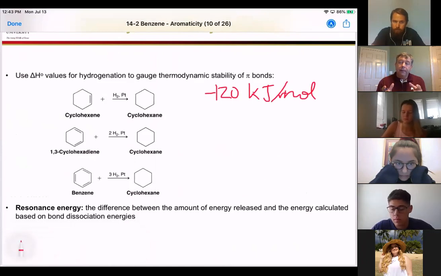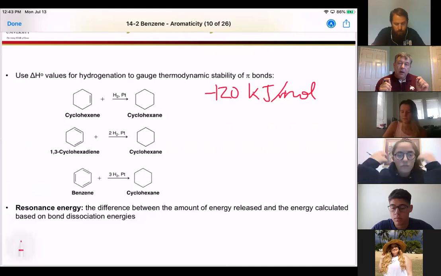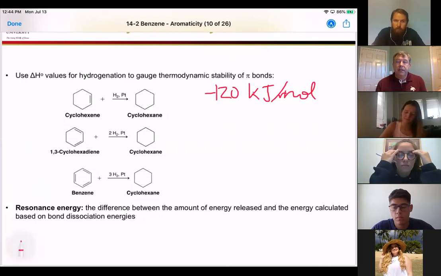So in theory, if you had two alkenes on the same structure, it should give off twice as much energy, because each of those alkenes would be isolated and would give off that much heat. However, as we learned about in the last chapter, conjugation changes that stability.